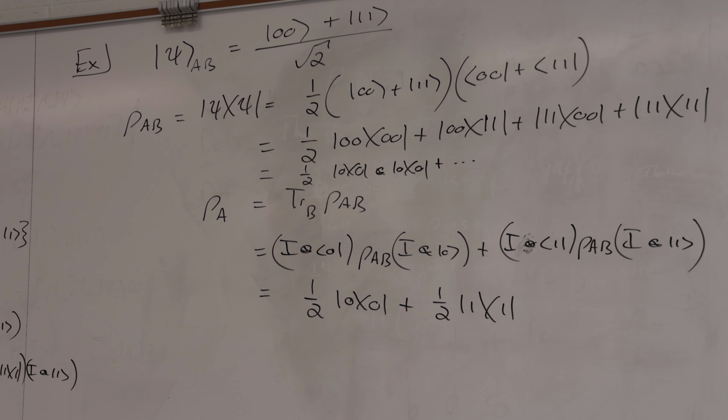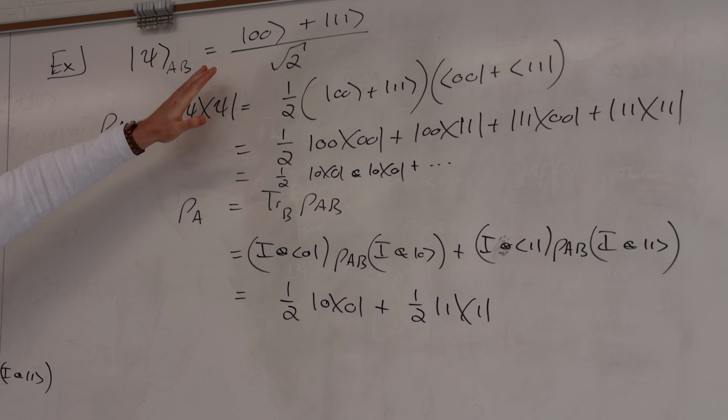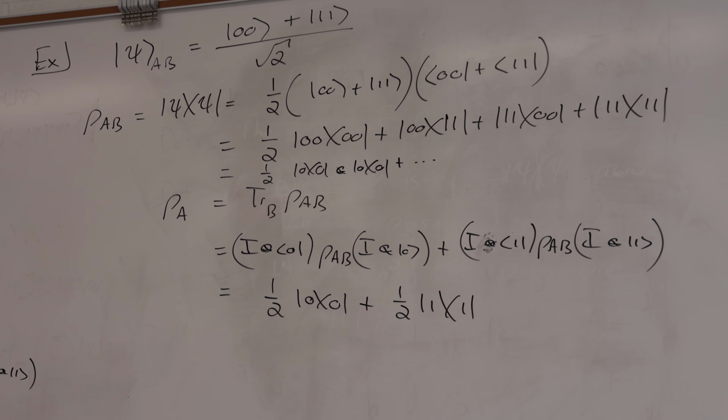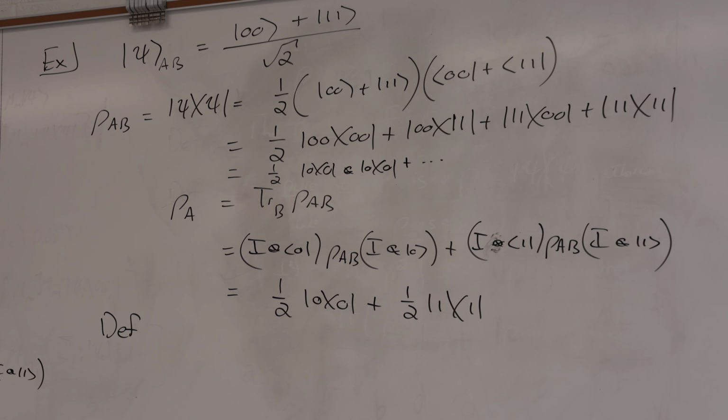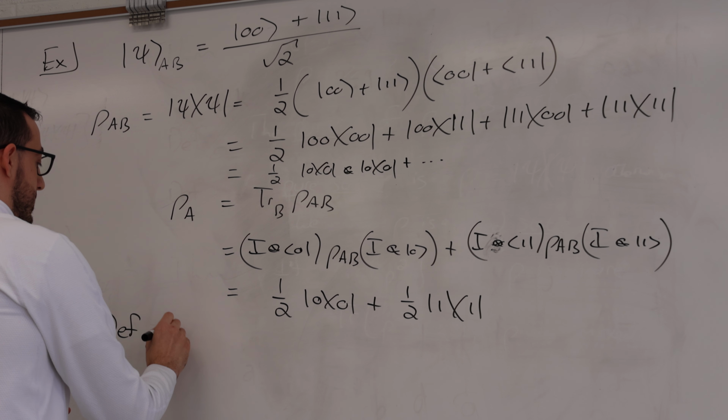This will be the state of Alice's qubit for Alice and Bob sharing a joint state, this entangled state, one of the Bell states. Now, this is very interesting. This is so interesting that we give it a definition. This state is known as a maximally mixed state.